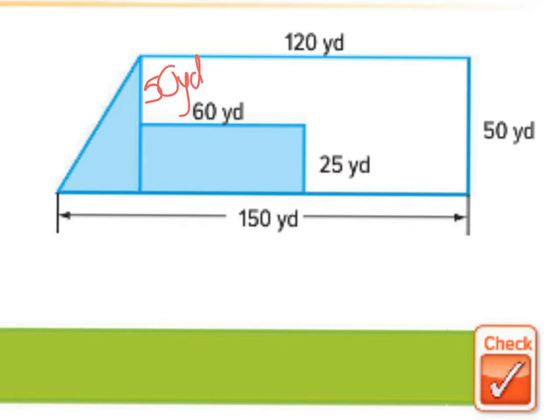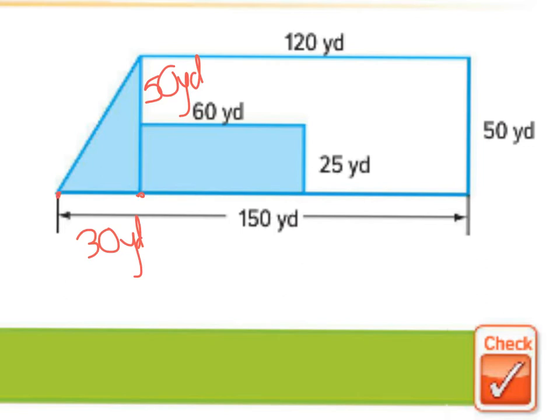What about the bottom? What about from here to here? Well, we know that this is 120 along the top, and this is 150 from here to here, so this must be the difference between 120 and 150, which is 30. Okay, 30 yards right there from here to here.